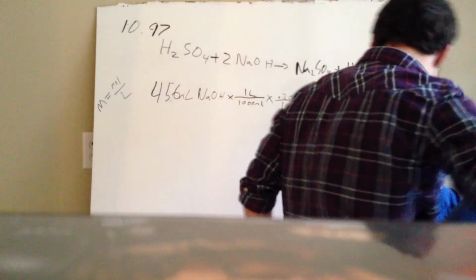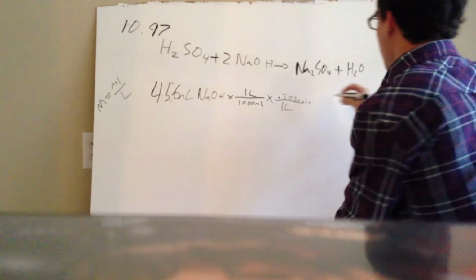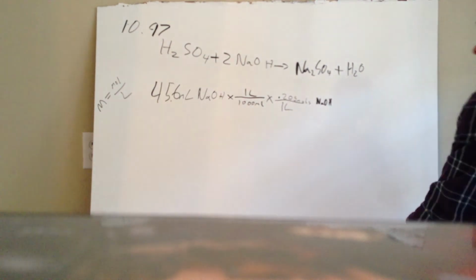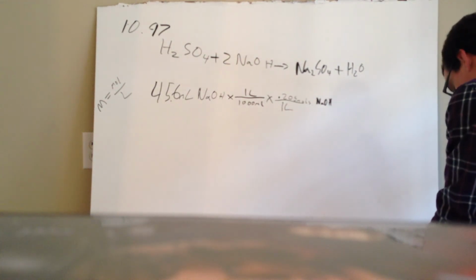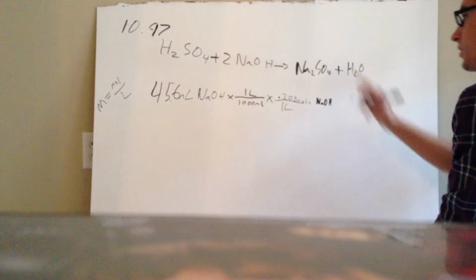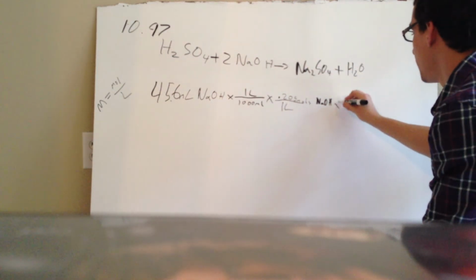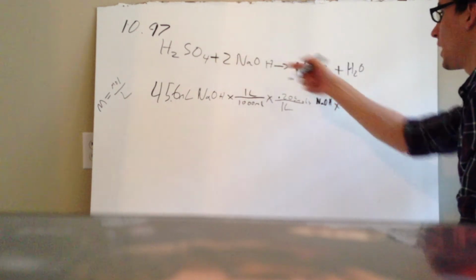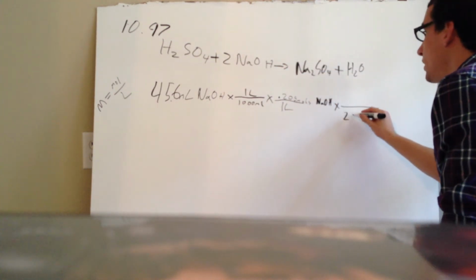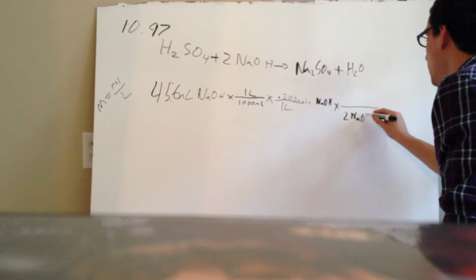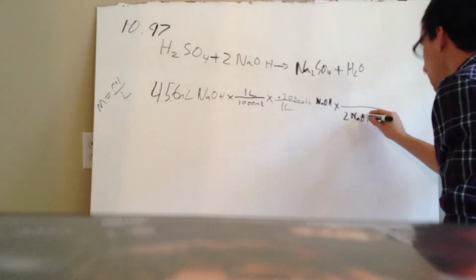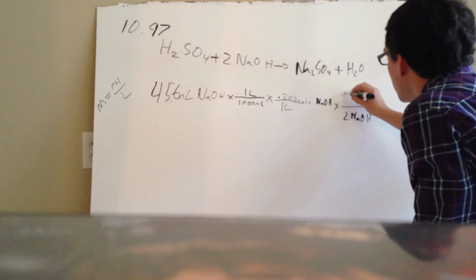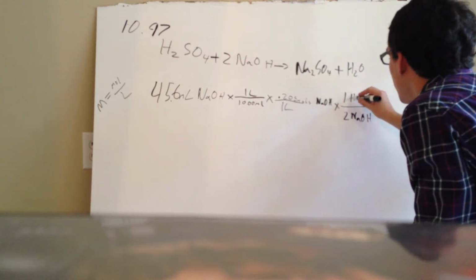Next, we use the mole-to-mole conversion from the equation: 2 moles of NaOH to 1 mole of H2SO4, because those are what's reacting.